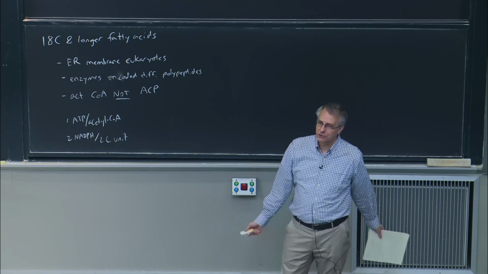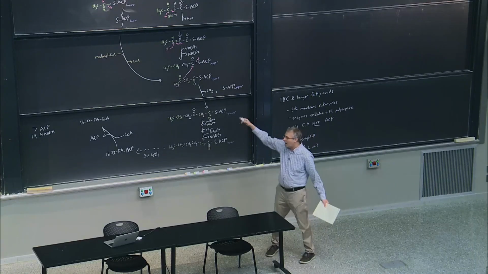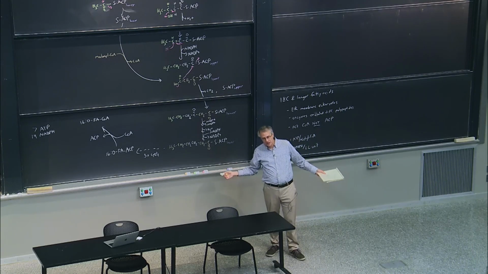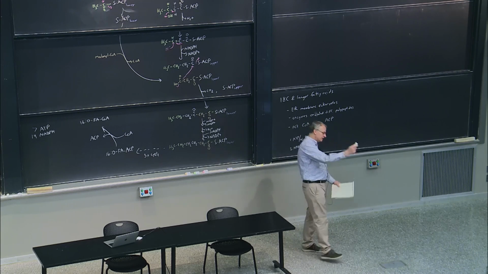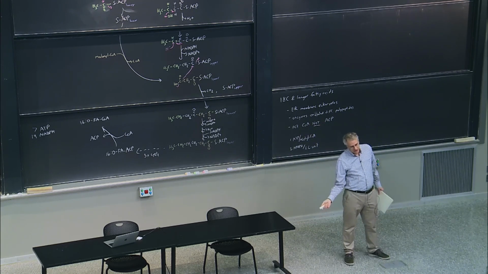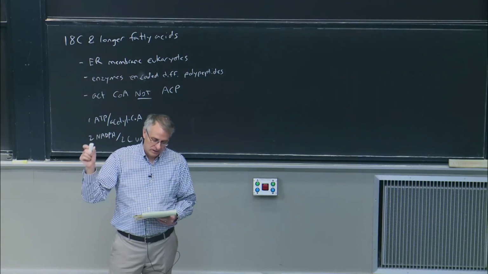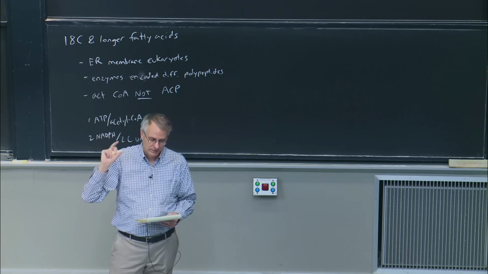So what about unsaturated fatty acids? Well, it is not that you just stop and don't make it fully saturated. Nature first makes a fully saturated fatty acid, and then it comes back and reoxidizes the fully saturated fatty acid to introduce double bonds in the right positions.